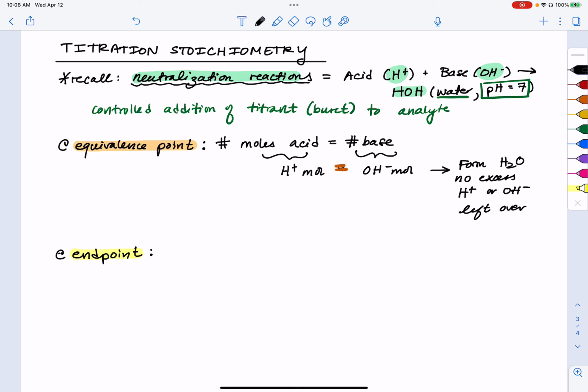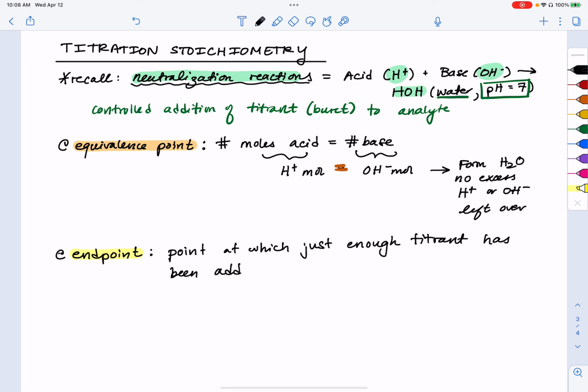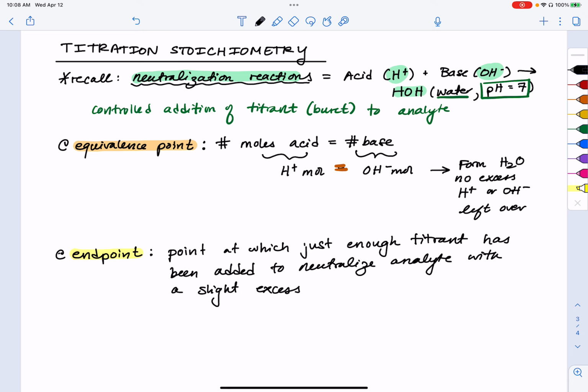So the endpoint of a titration, this is the point at which just enough titrant has been added to neutralize the analyte with a slight excess of titrant in the flask.